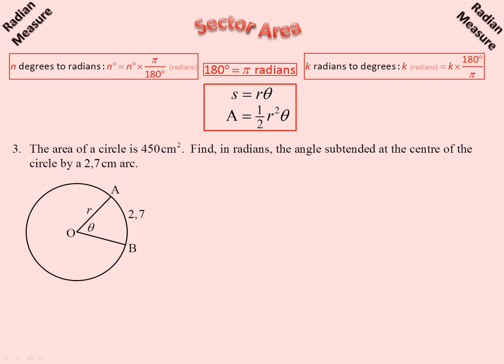Try it yourself first. So the area of a circle is pi r squared. So therefore pi r squared equals 450. That we can solve to give us the value of r. Now knowing r, we know the r there, we know the s, so we can find the angle theta. And there it is in radians.